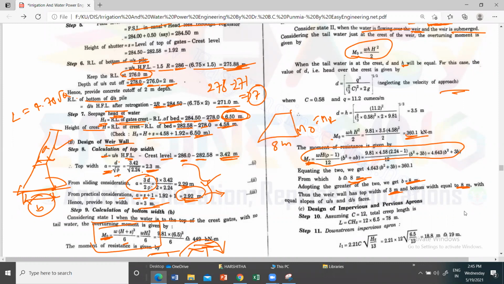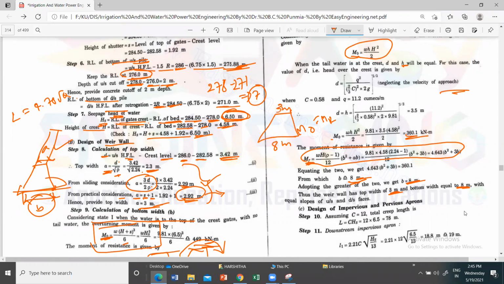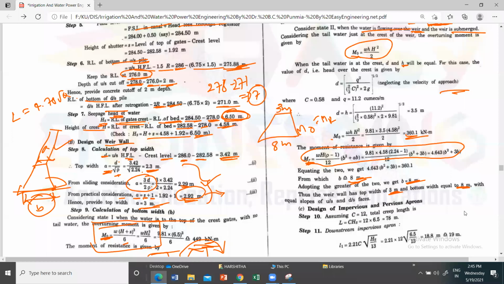The length of the weir we have calculated. So design of the weir wall is nothing but finding the dimensions of the weir, the top width and bottom width. That is the design.